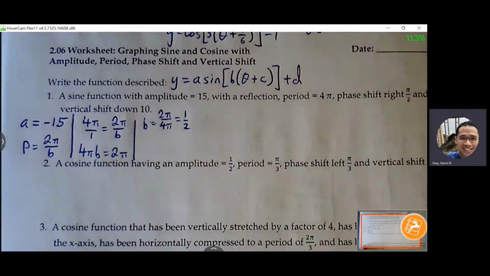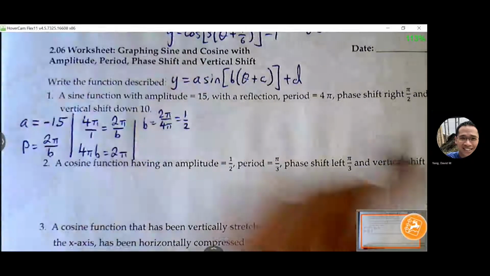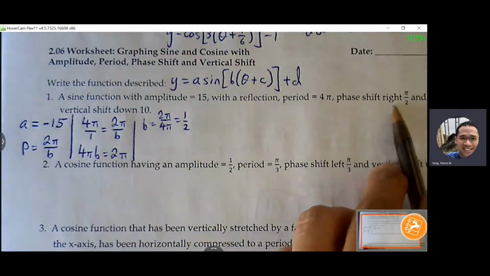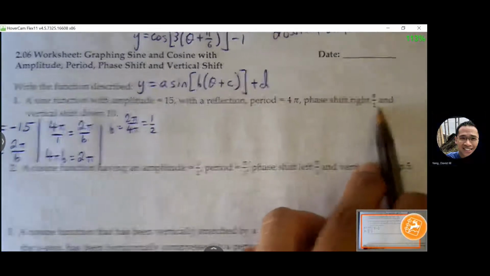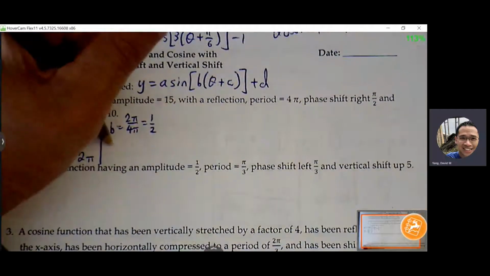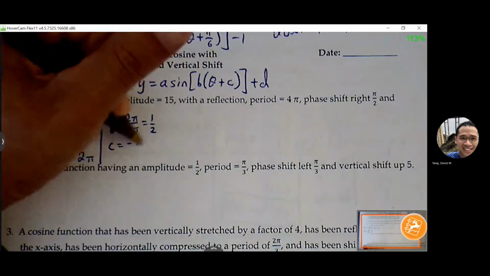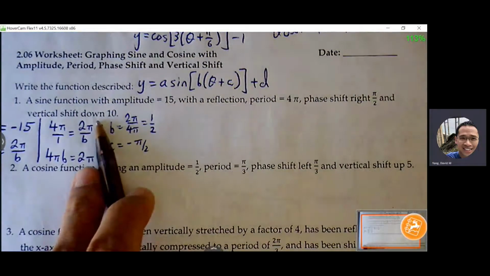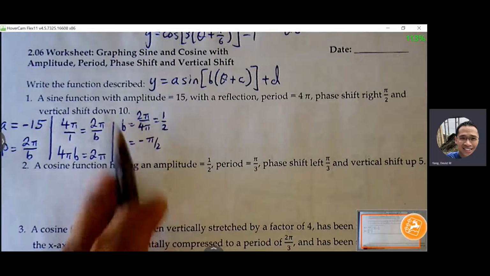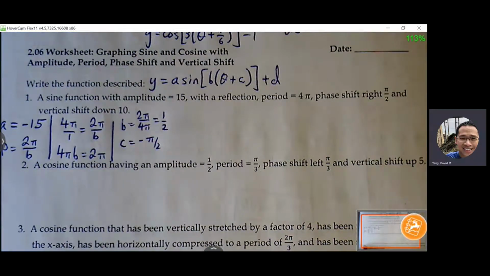Phase shift to the right, pi over 2. So what adjustment do you have to make here? Negative, yeah, negative pi over 2. That's for C. And the vertical shift down 10. What's our D value? Minus 10. Yeah, so your vertical shift is just straightforward, right? Up is positive, down is negative.